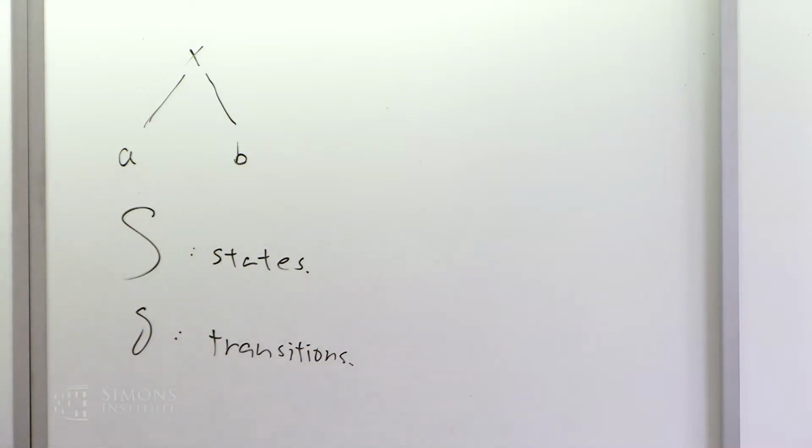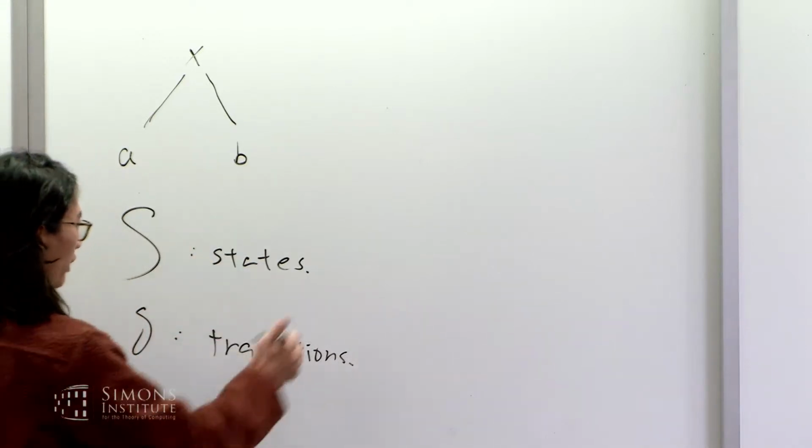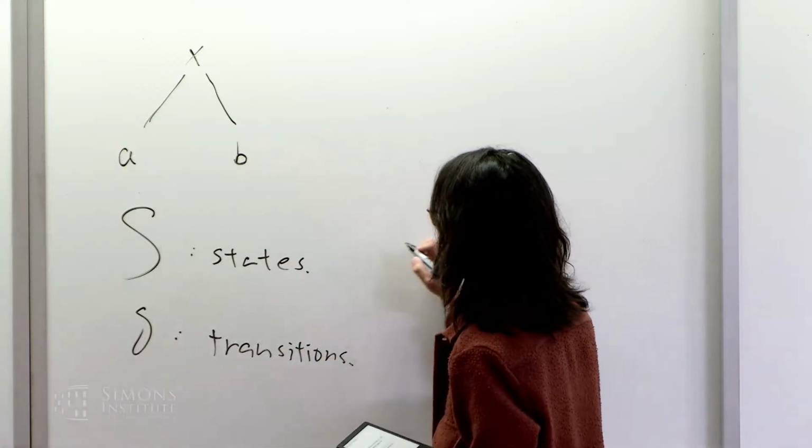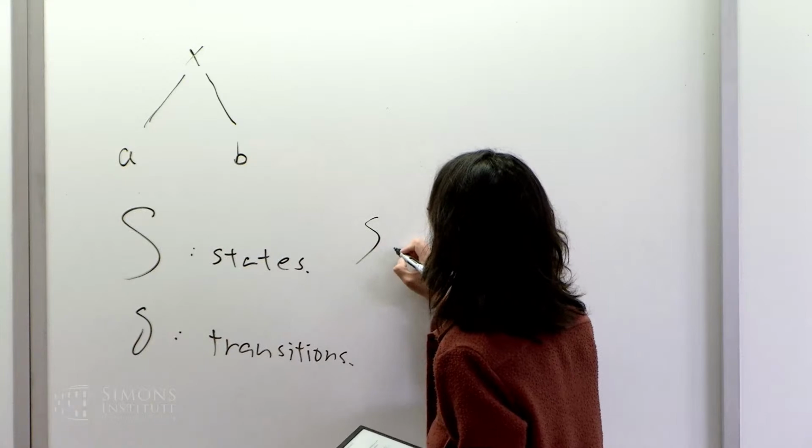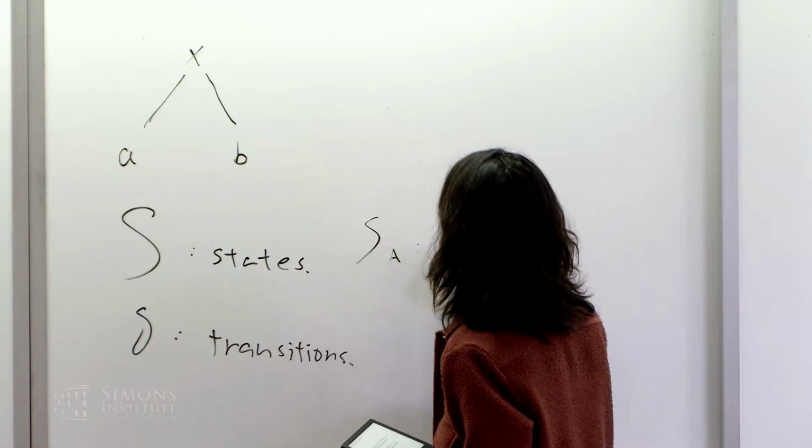Within the set of states, we can distinguish a few states, usually just one. So let's just assume we have one single accepting state or final state, S_A.